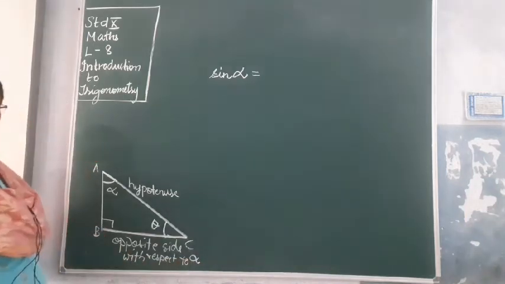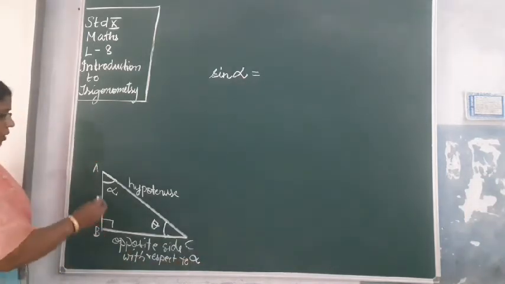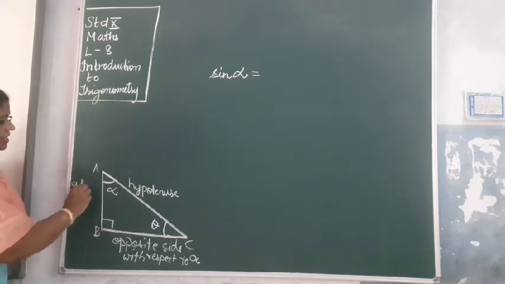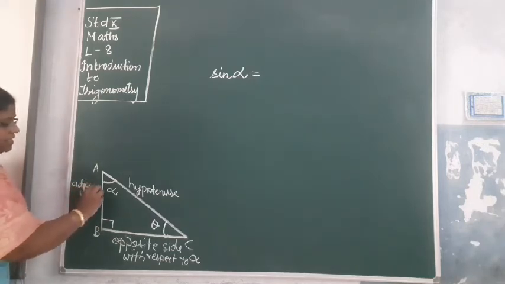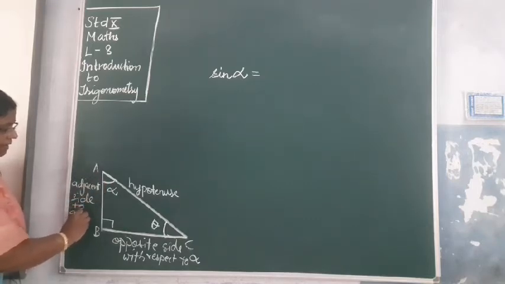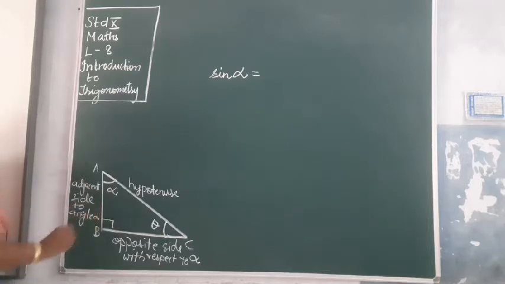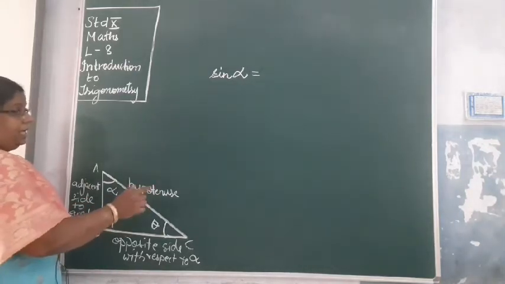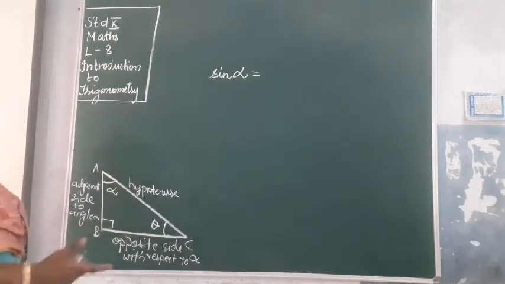Opposite side of angle alpha, ठीक है, और ये जो AB side है that will become adjacent side to angle alpha. So depends. ठीक है, अगर हम alpha ले रहे हैं then sine alpha will change.